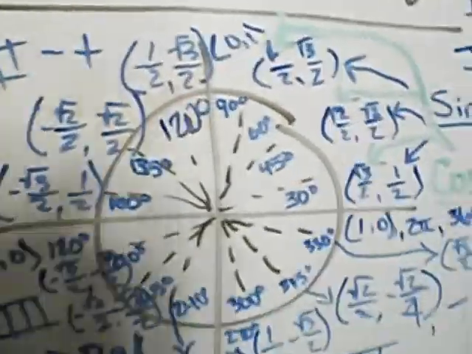Now, quadrant 4 is positive, negative. So 300 degrees is 1 over 2, negative square root of 3 over 2. 315, square root of 2 over 2, negative square root of 2 over 2, and then 330, square root of 3 over 2, negative 1/2.